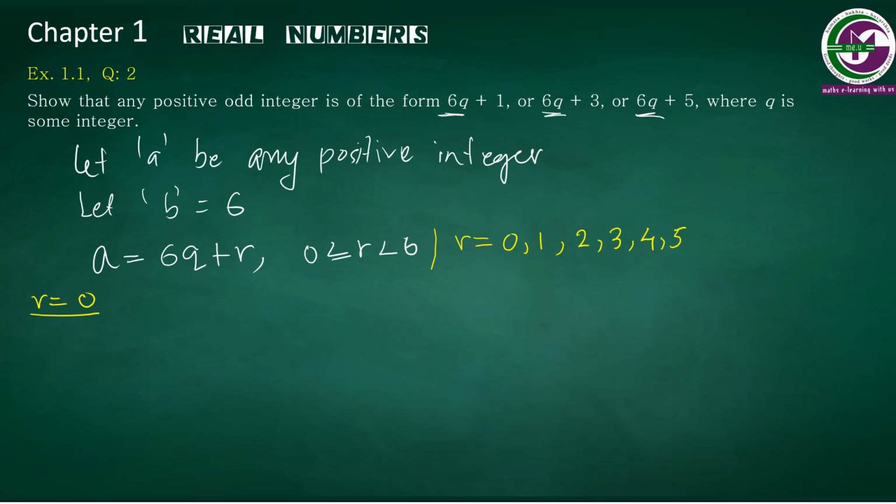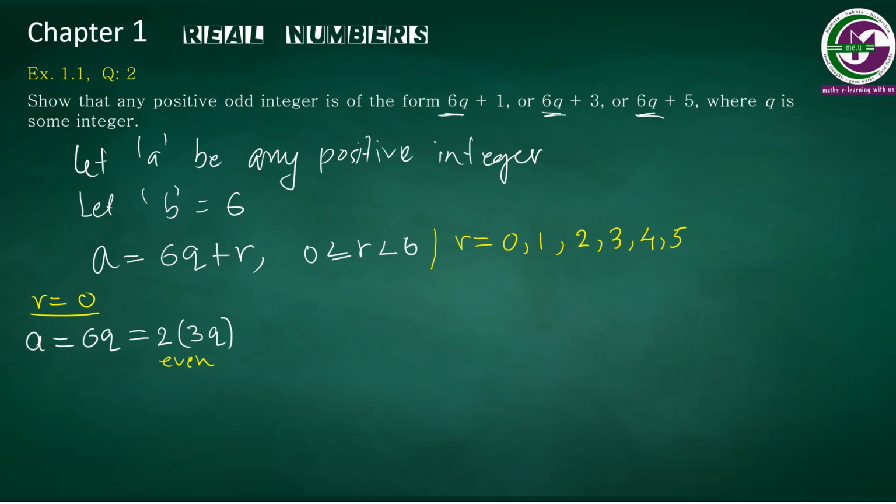When r is equal to 0, a is equal to 6q plus 0, that is 6q. And 6q can be written as 2 times 3q. Whenever we get a multiple of 2, it is an even number. So this is an even number.